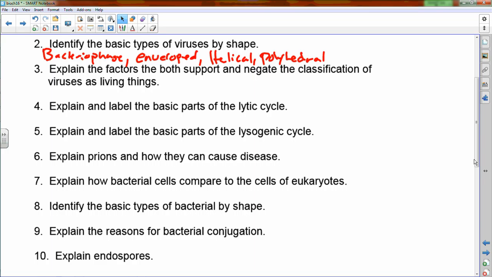Okay, what things would we say in support of denying that viruses are alive? Reproduction and growing and development take a host cell. They can't do it by themselves.